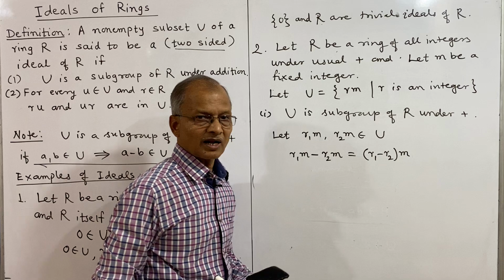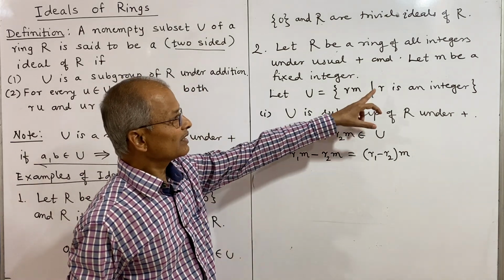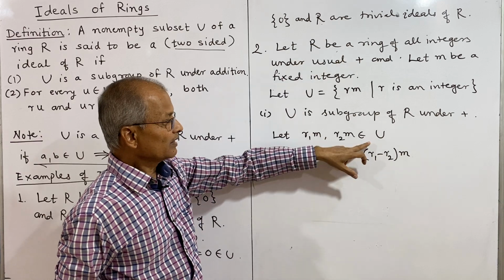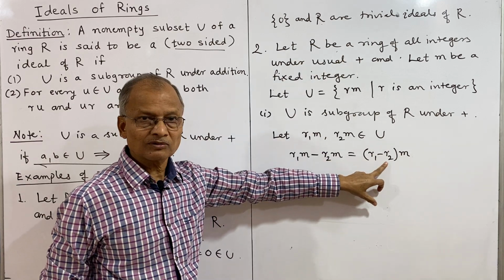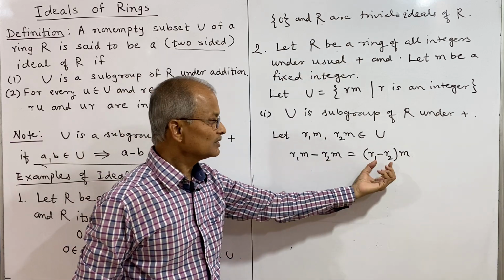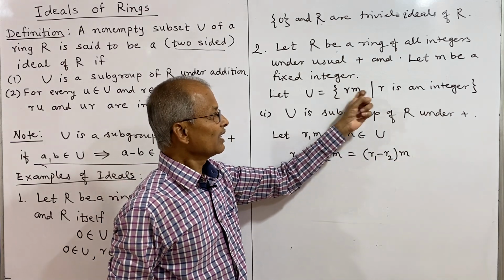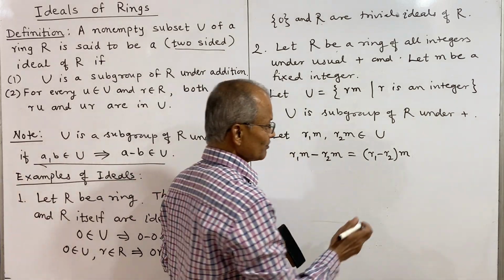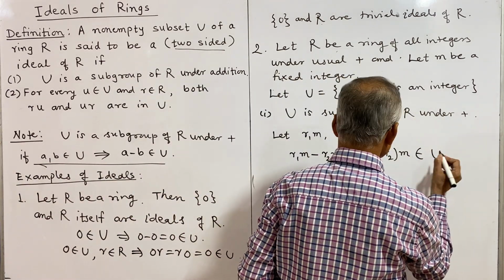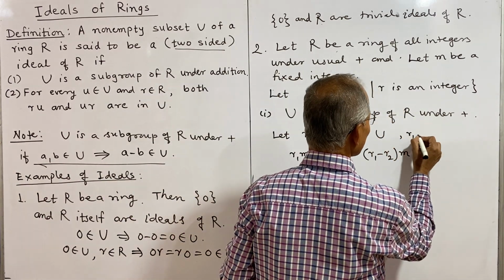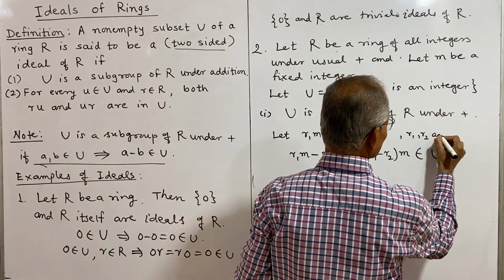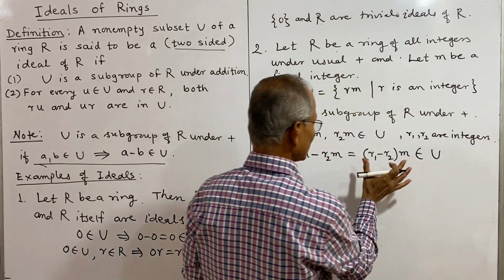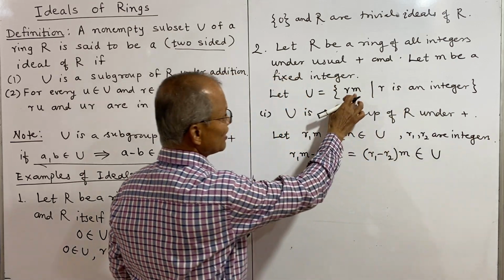And what are r1 and r2? r1 and r2 are integers that are in R, and r1 minus r2 is also an integer, and therefore this is an integer multiplied by m. An integer multiplied by m is an element of U. So this belongs to U, since here r1, r2 are integers, and therefore this is also an integer multiple of m.